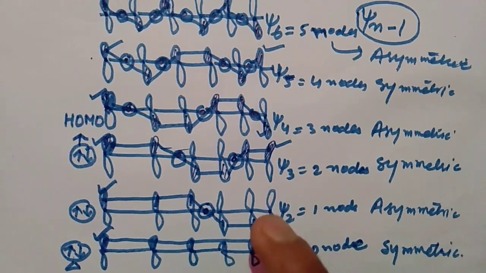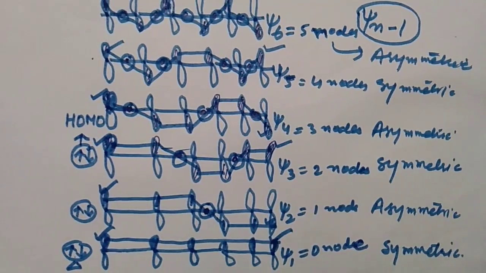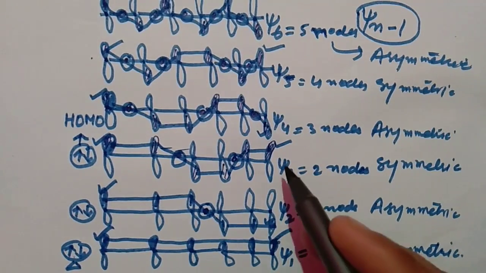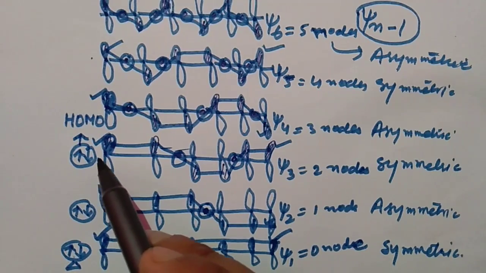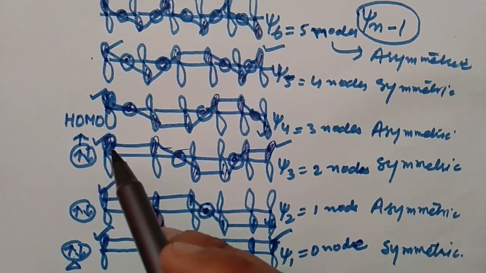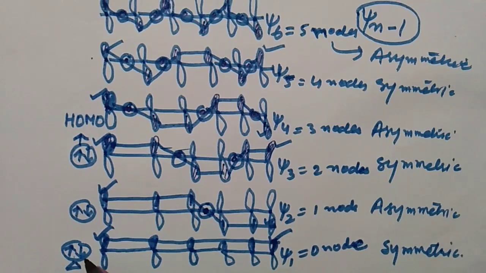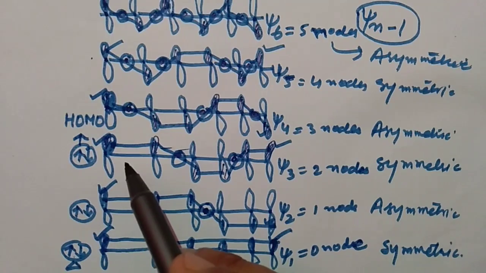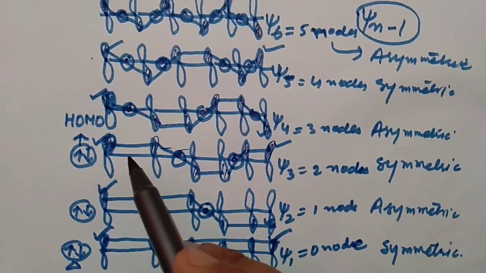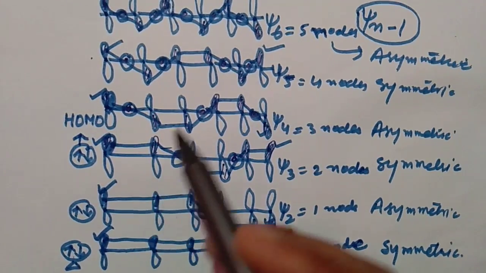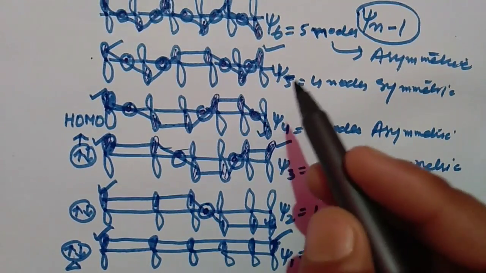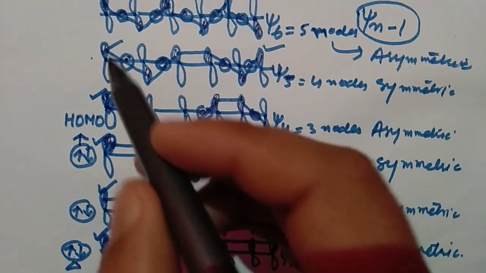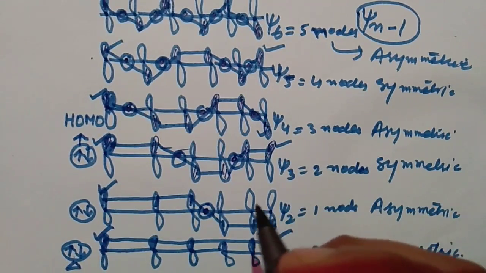Once again I repeat, these are 3 orbitals which have electrons. This is the highest occupied molecular orbital and this is the lowest occupied molecular orbital. Then these are 3 orbitals, psi 4, psi 5 and psi 6, which don't have any electrons.